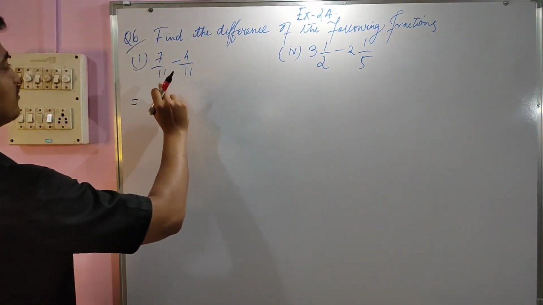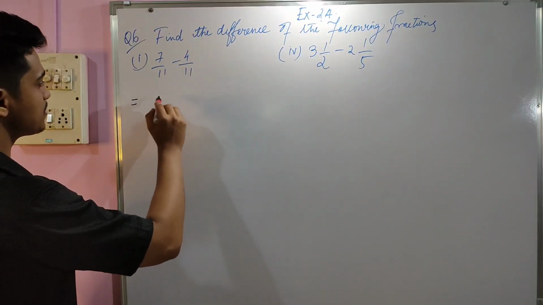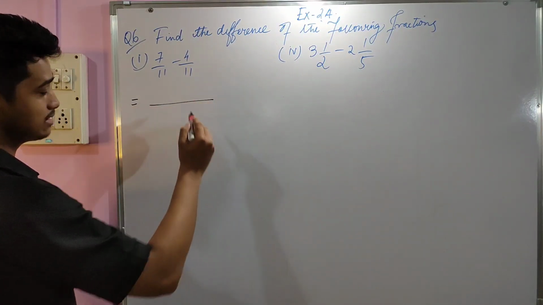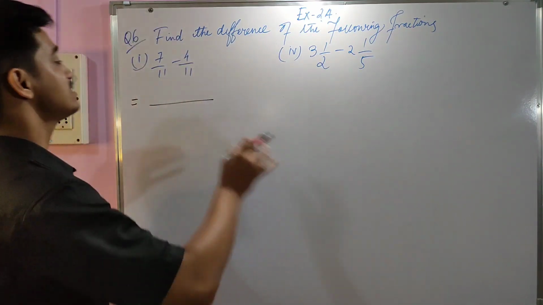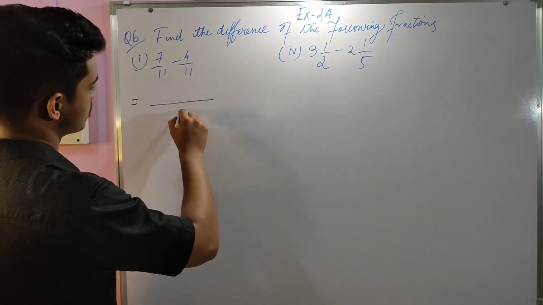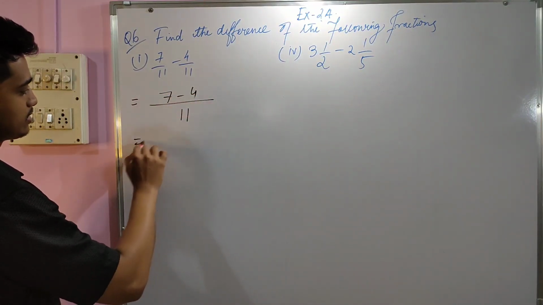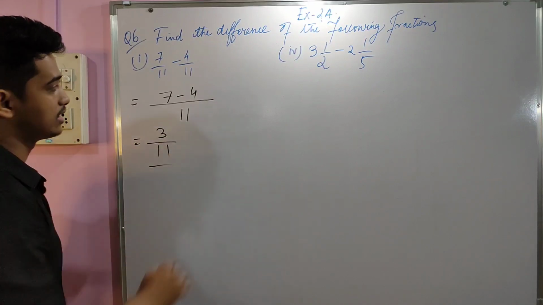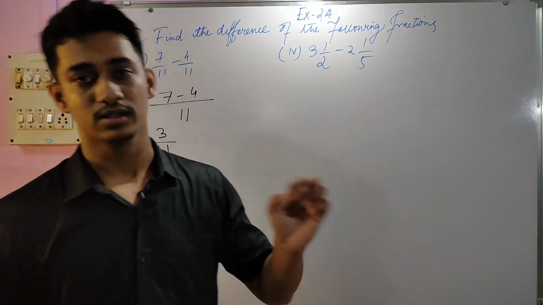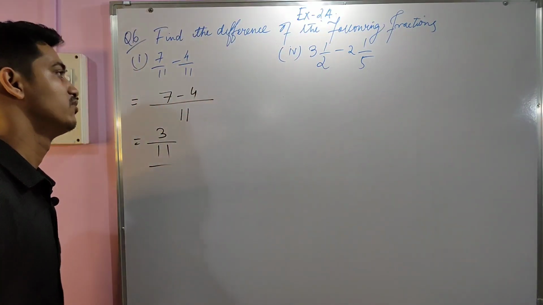Here the fractions are like fractions, so we can simply subtract the numerators, because the denominators are the same. So 11 will remain like this, and 7 minus 4 is 3 by 11. So that is question number 6, 1, right?